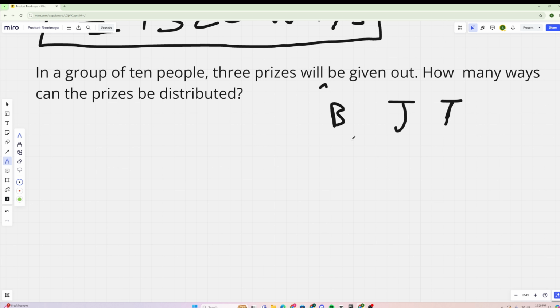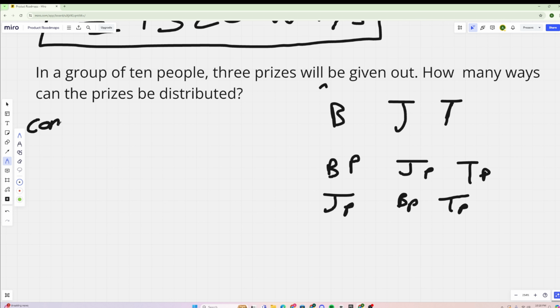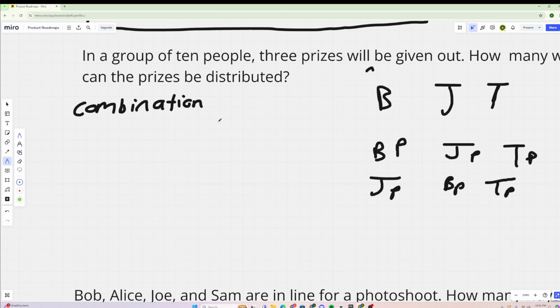Does it really matter if Bob gets the prize first, or Joe gets the prize first, or Tim? Or if Joe gets the prize first, Bob gets the prize, and then Tim? It doesn't really matter, because they're all getting the same prize at the end of the day. So it's a combination, because the order that you give out the prizes doesn't matter. Order does not matter.